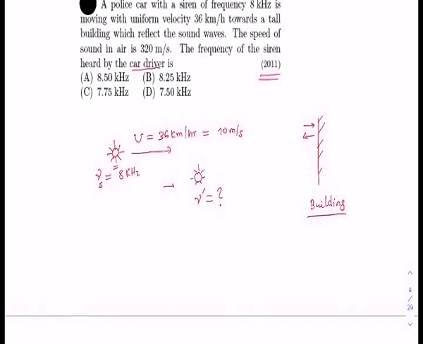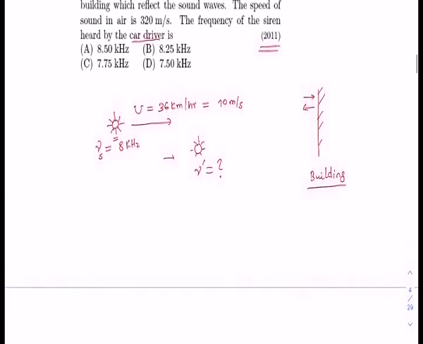So it's a simple problem, a little bit of technique you have to apply. Whatever I have taught you about the formula, the way we derived it, you can apply that knowledge here. Let us do it. So first of all, let us see, suppose somebody is in this building, how the observer in the building is going to measure the frequency.